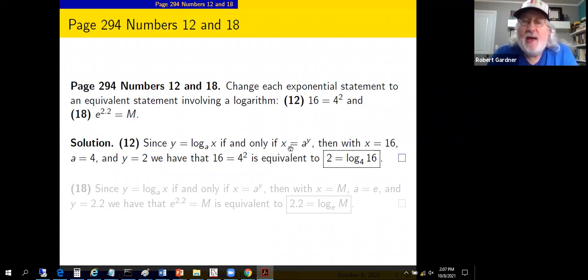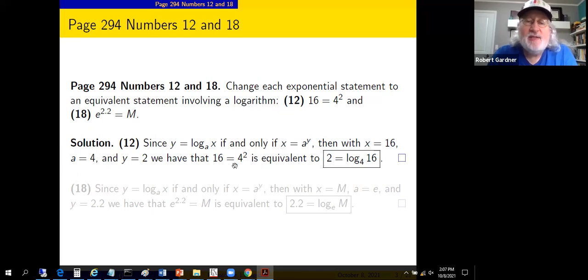So here, looking at this exponential statement, we've got x equals 16 on the left. The base of the exponential is 4, so a equals 4. The exponent is 2, so y equals 2.